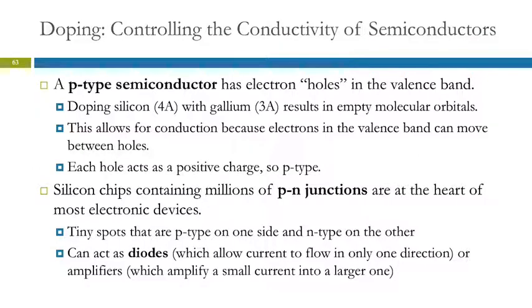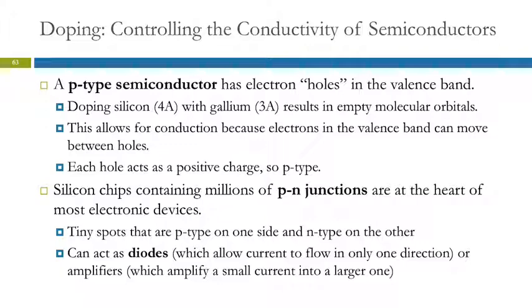The P-type is where we're making essentially holes in the valence band. So here we could dope silicon with something that has fewer valence electrons, like gallium. And so now we have fewer electrons, so there are going to be some holes in the valence band. Those holes can move because an electron can move into the hole, and then the hole is behind it.